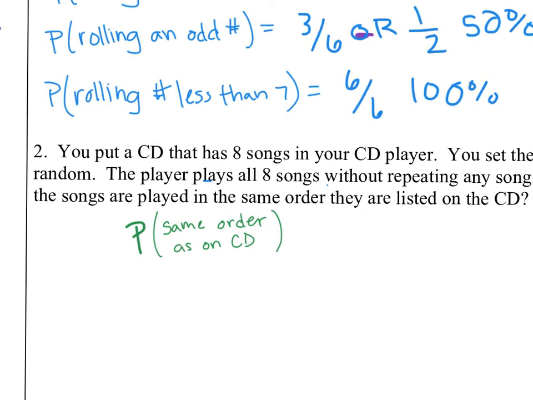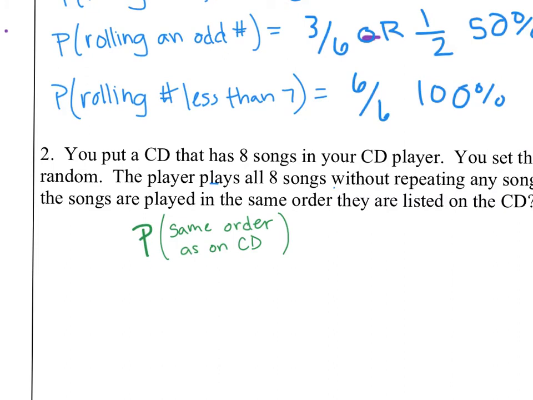So there's only one way, guys, that we can do this. So the number of favorable outcomes is going to be 1. But this is going to be over top of the entire amount of possible ways there are to play these songs on this CD. So that's going to be a lot of possibilities.